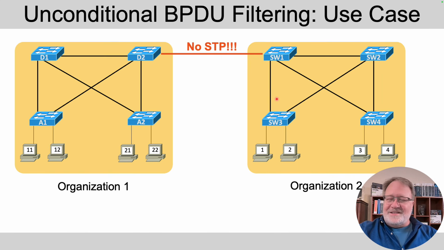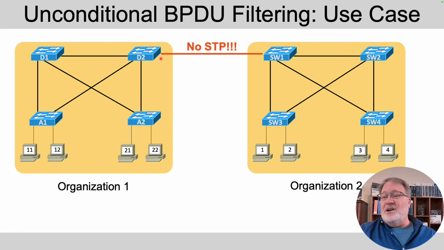You might then decide to not use spanning tree on that link and use unconditional BPDU filtering, aka turn off spanning tree on both switches on the opposite ends of that link. And that's what this feature does.